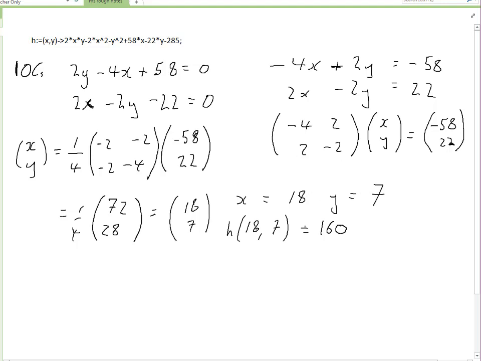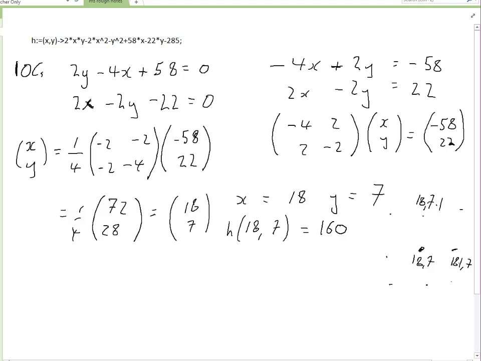So if this is the point 18, 7, as well as looking at the point 18.1, 7, and this point 18, 7.1, we also want to look here, which should be 18.1, 7.1. We also want to look here and here and here.